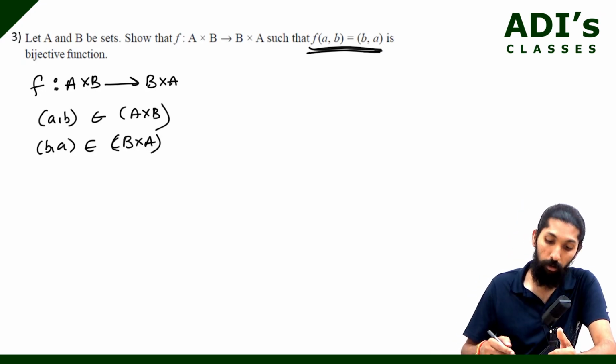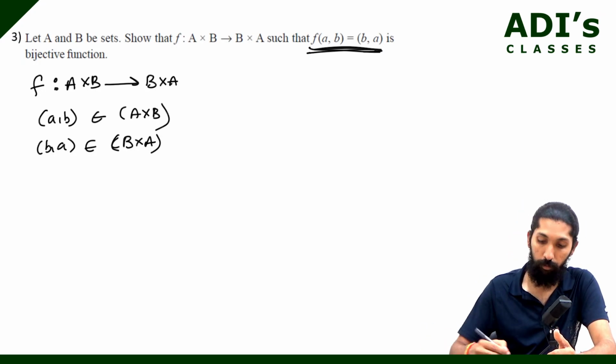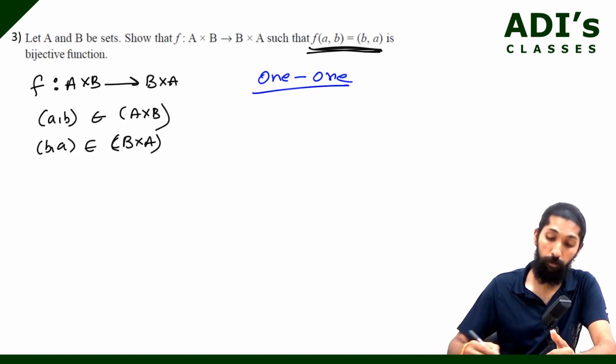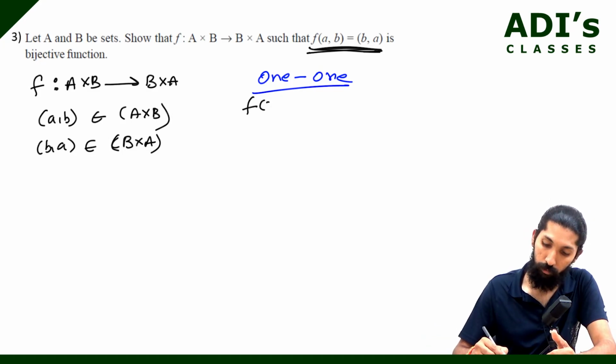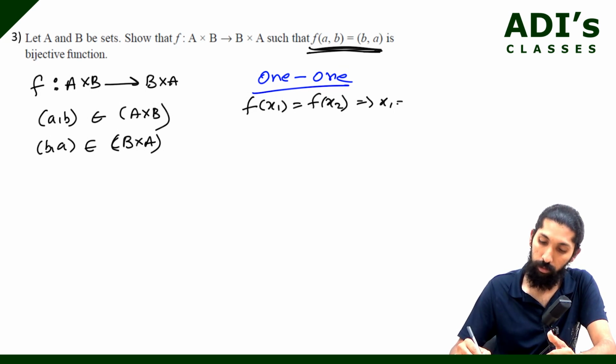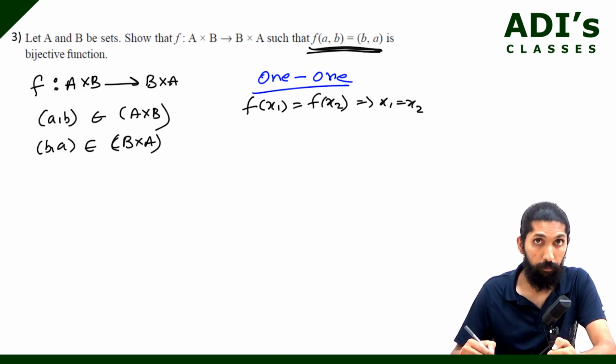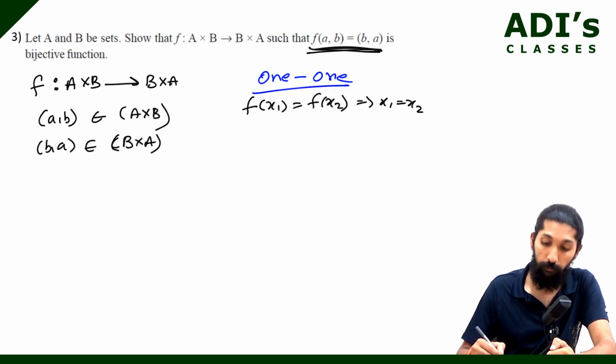Now we'll go for 1 to 1. For 1 to 1, if f of x1 is equal to f of x2, then you can see that x1 is equal to x2. This is what we are trying to prove, isn't it? So when you say f of x1, I cannot have one element.